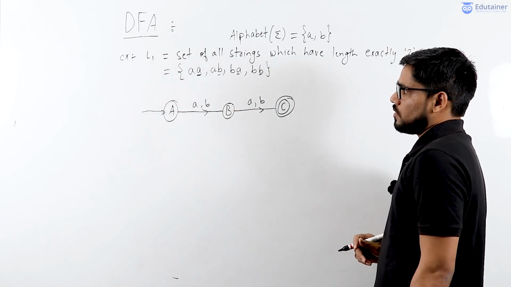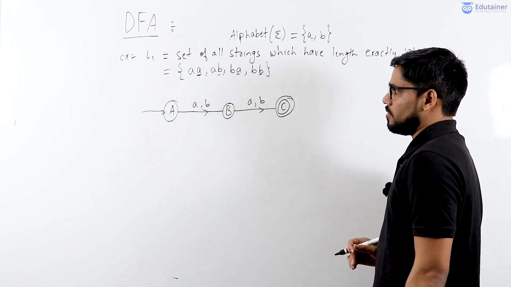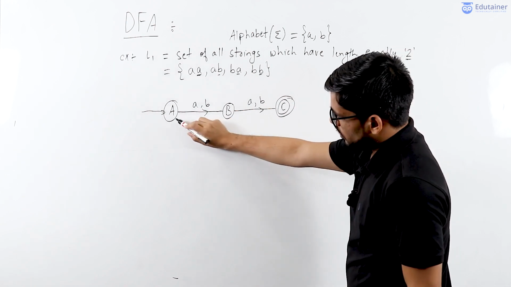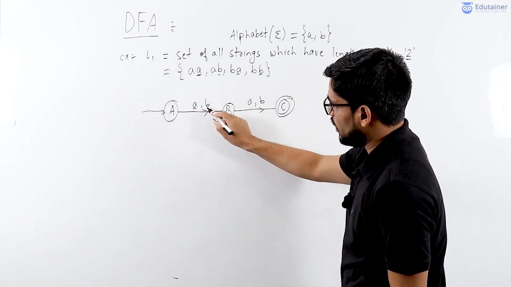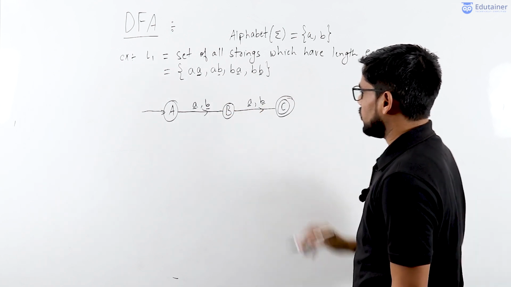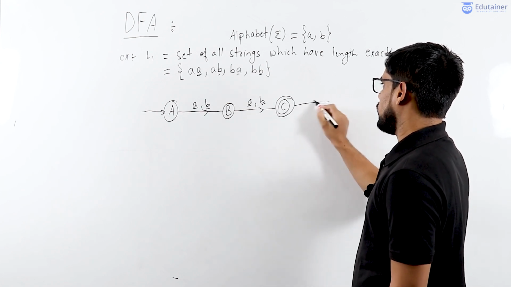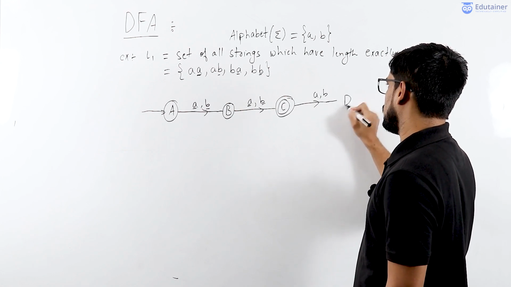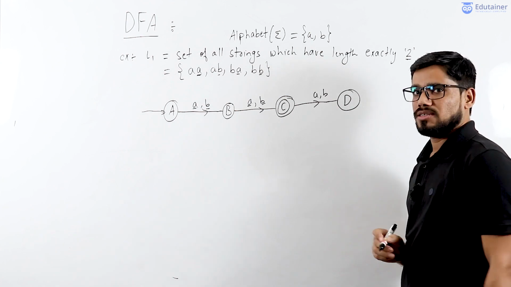Okay, so is this over or something remains? On capital A, I have shown the input A and B as well. On capital B, I have shown the input A and B. But what about the final state, capital C? If you see a symbol A or B on final state, then you will go to some state called dead state.